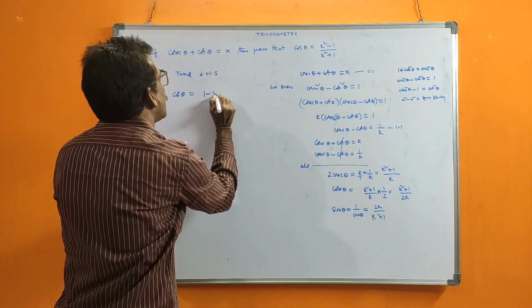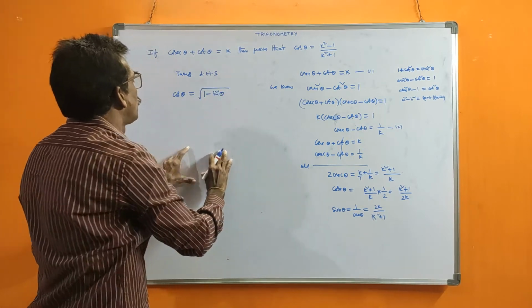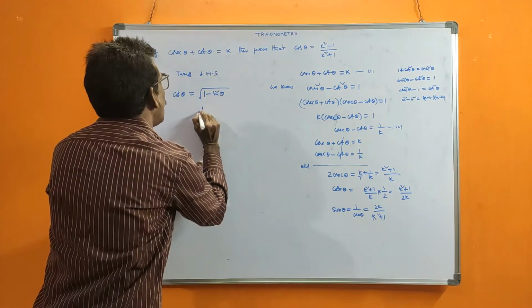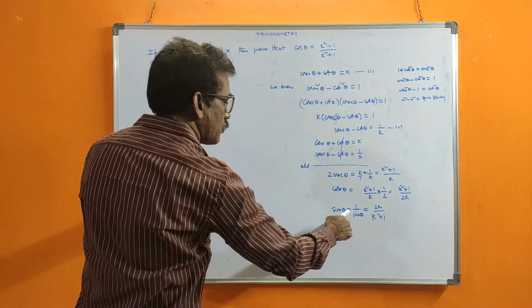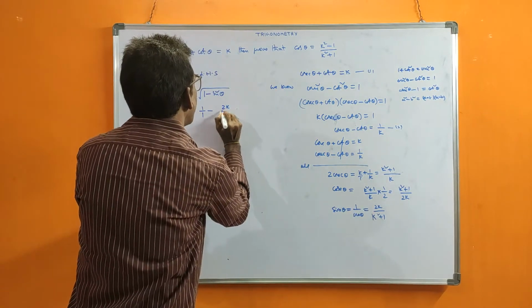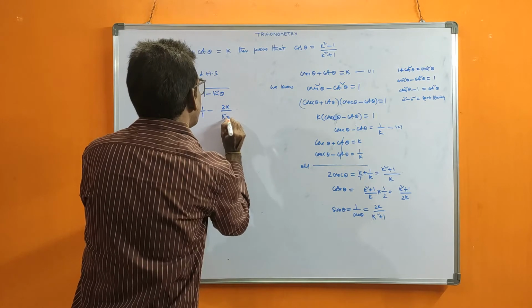Now the cos theta formula you know is the square root of 1 minus sin square theta. The sin theta value here is 2k by k square plus 1.